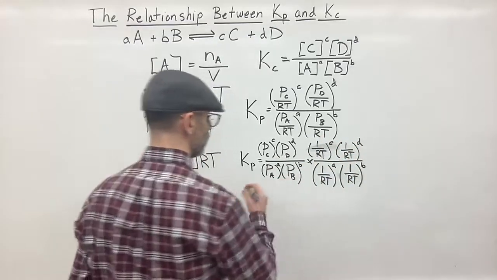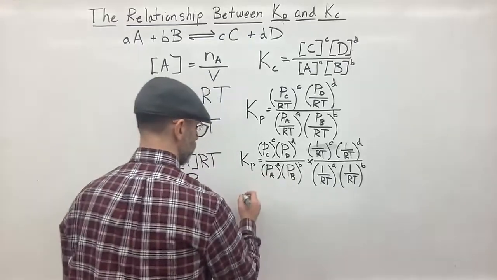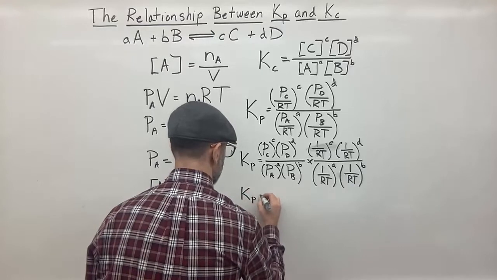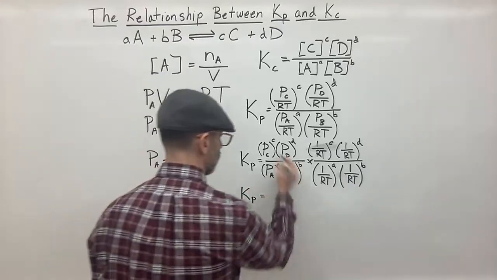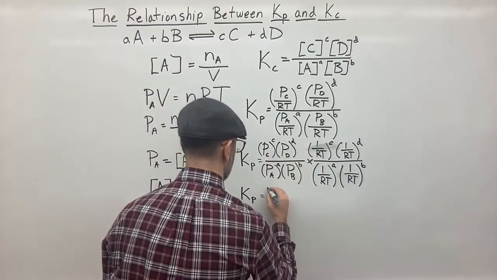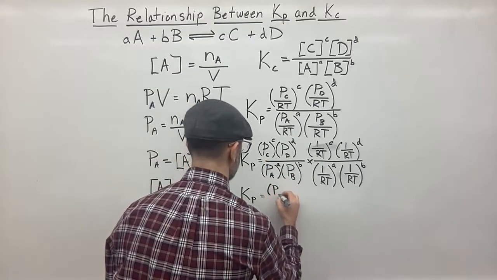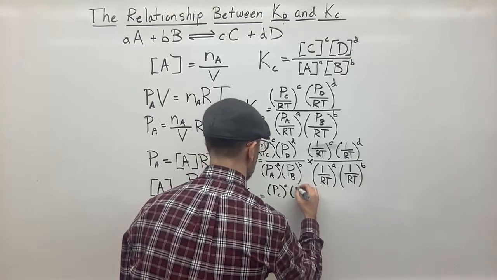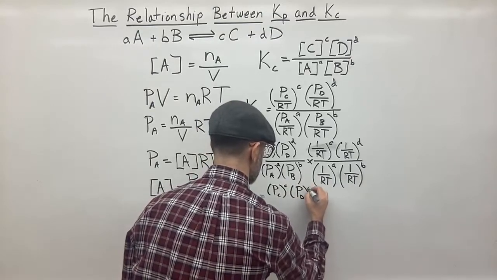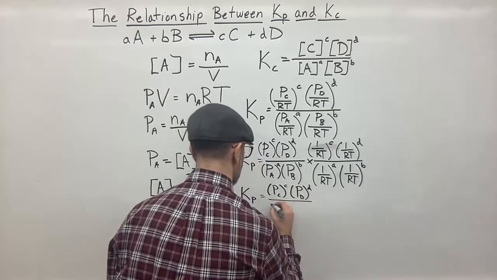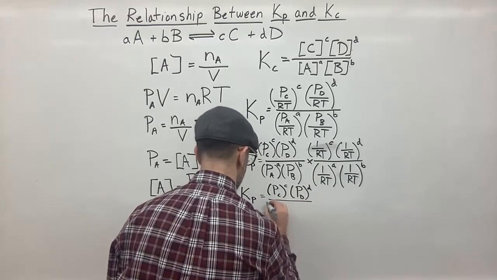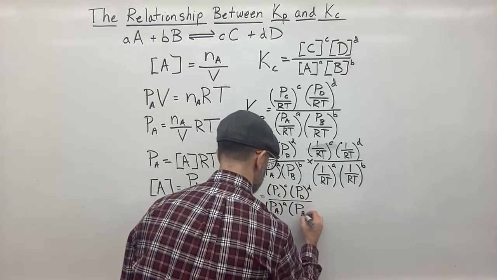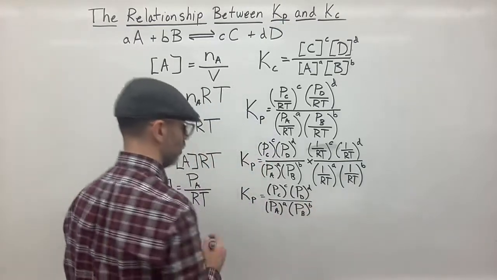So if we do this again, Kp is going to be equal to, again the same, the partial pressure of C raised to the C power times the partial pressure of D raised to the D power over the partial pressure of A raised to the A power times the partial pressure of B raised to the little b's power.